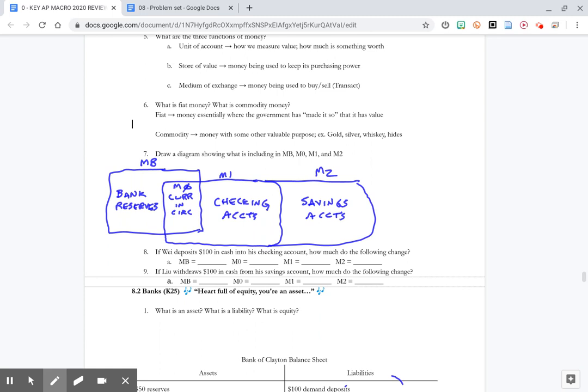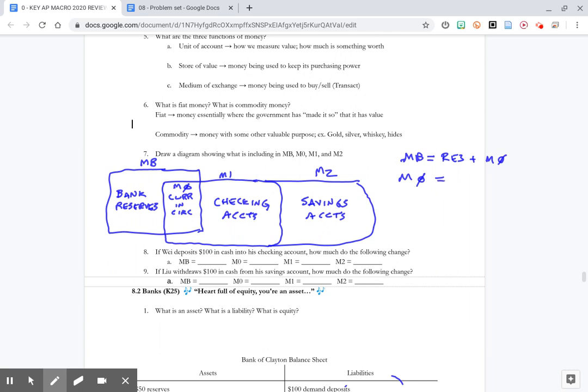So when we talk about different measures of the money supply, normally questions that ask you about expanding the money supply or making it smaller are usually referring to M1. But if your exam gets really particular about it, this allows you to tell the difference. So I'm going to write off to the side what's in each one. Monetary base is reserves plus M0.